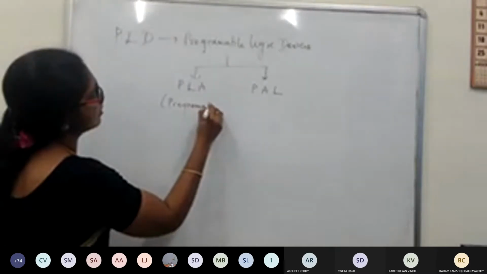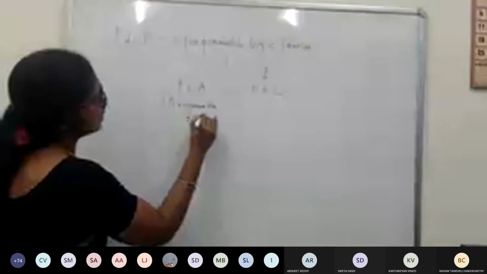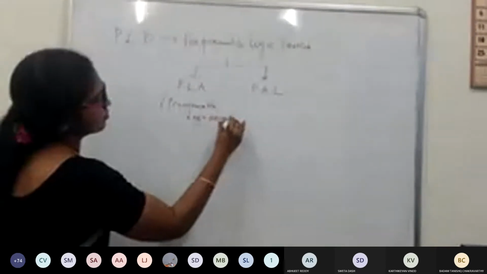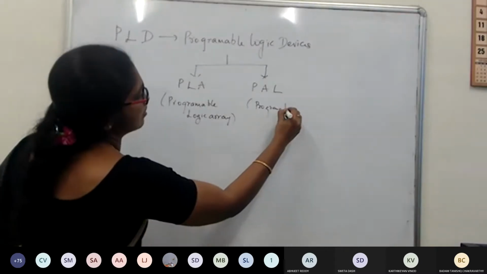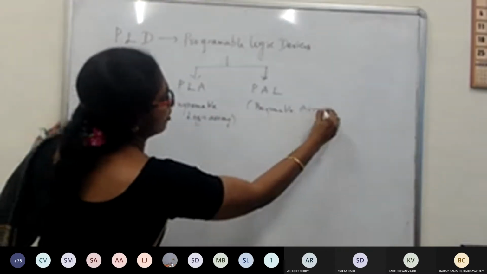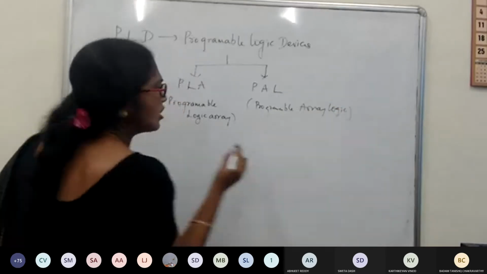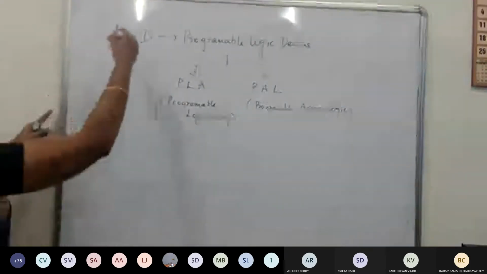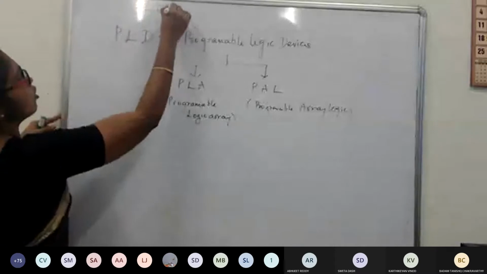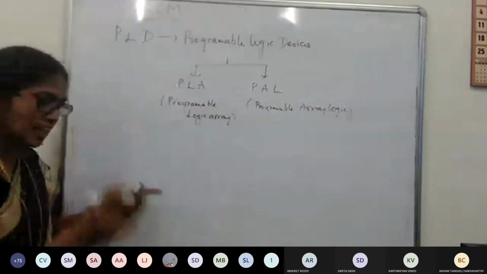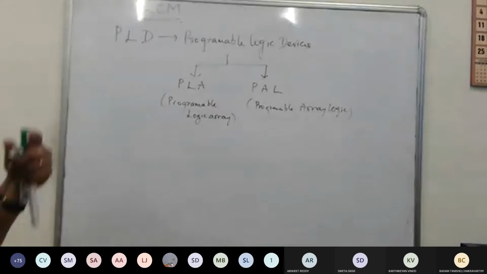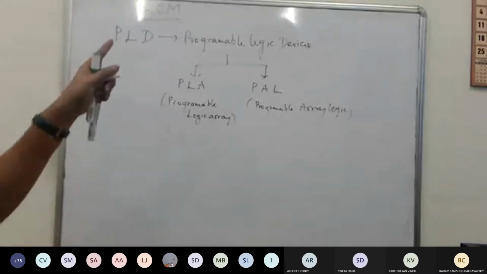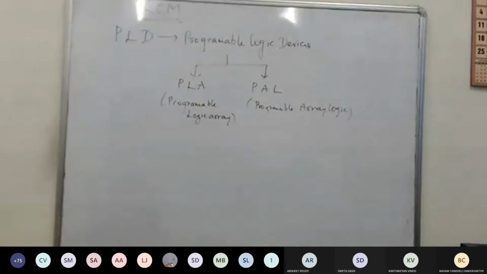Programmable logic array, and programmable array logic. Prior to this is the ROM; ROM realization is the starting point. Then come the PLDs, because we already know that a ROM, once prepared, is fixed.